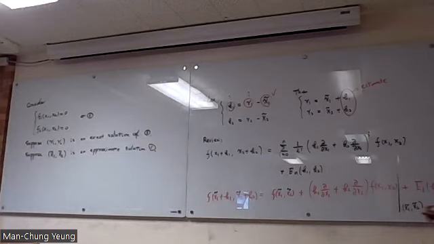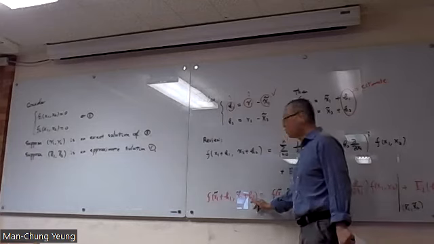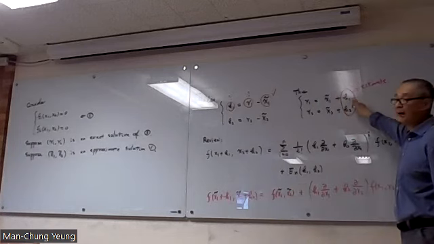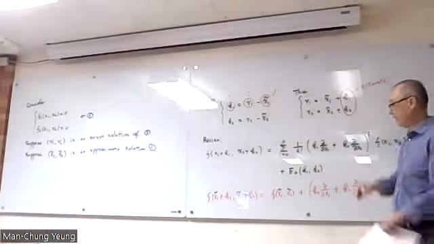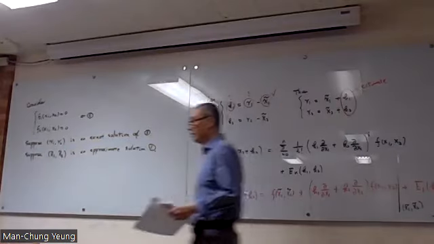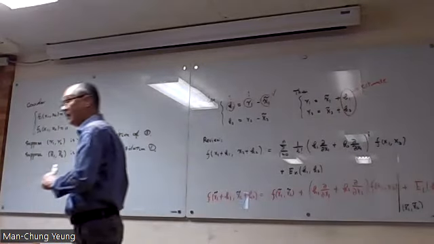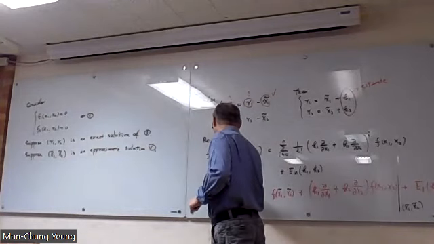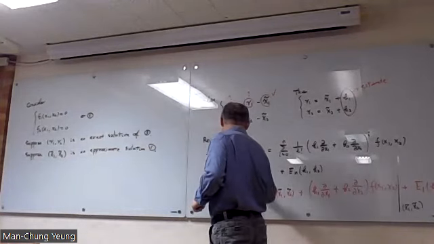Now x1, x2 are the h1, h2 here. Then this is equal to R, r1, r2.